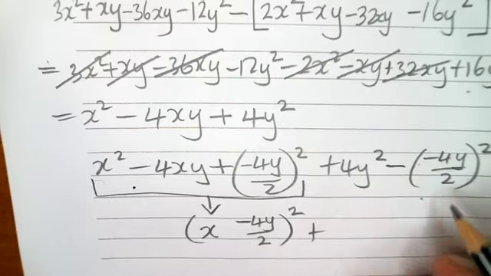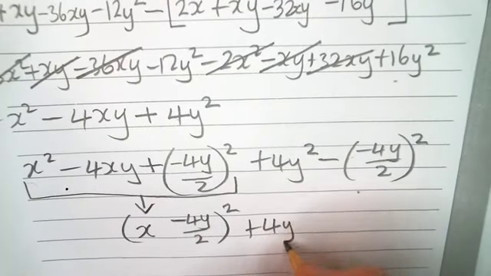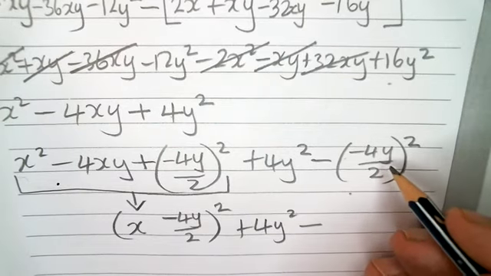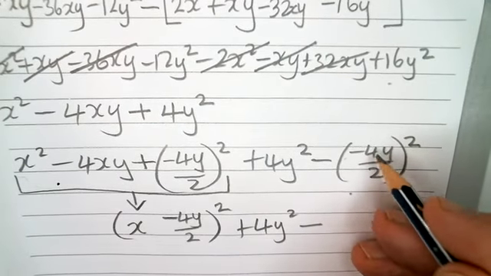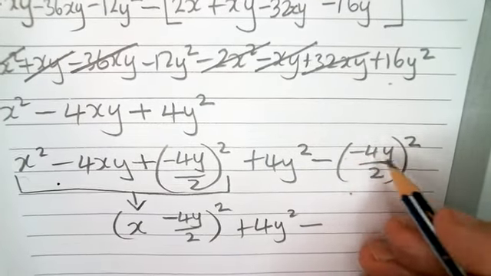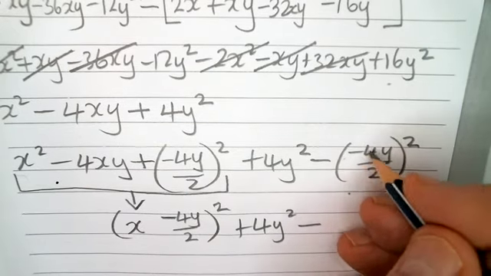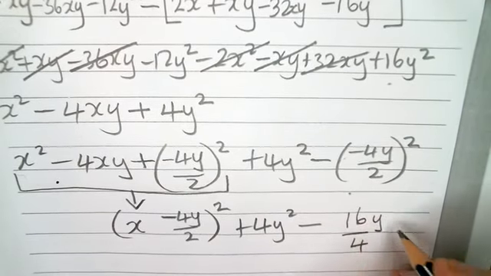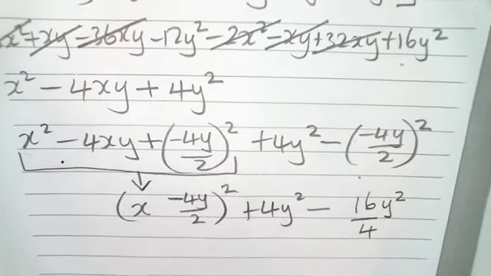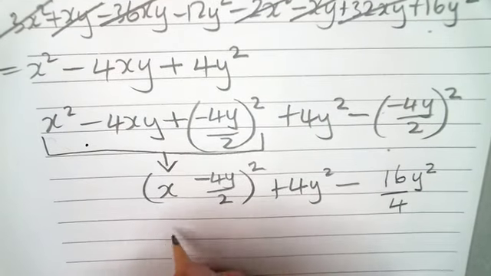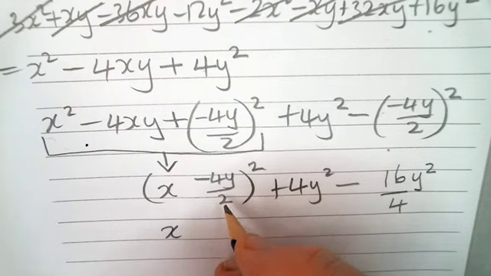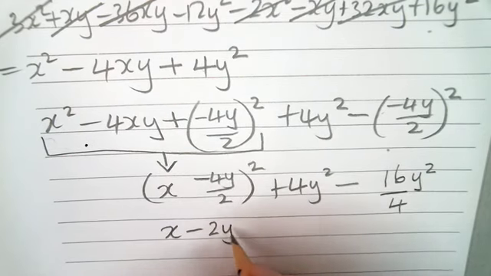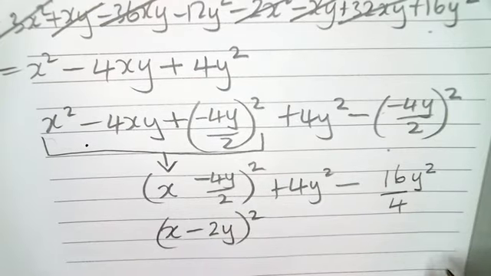Now we're going to add on all of this stuff here. So I've got a 4y squared minus, now we've got negative 4 divided by 2. Well, let's just square the whole thing. That's going to be a positive 16 on 4y squared. So this is going to be an x, 2 goes into negative 4, negative 2 times, all squared.